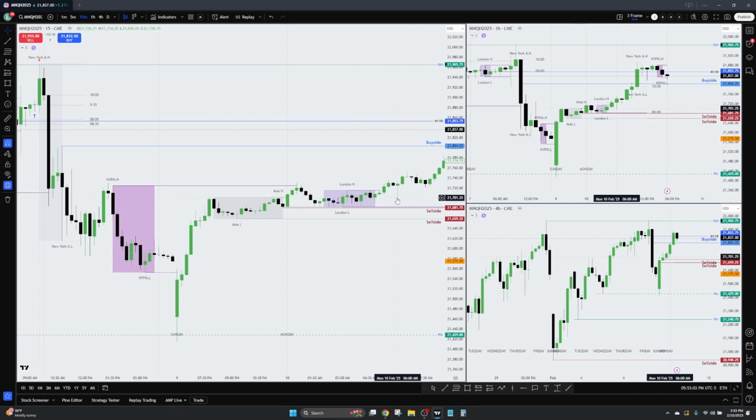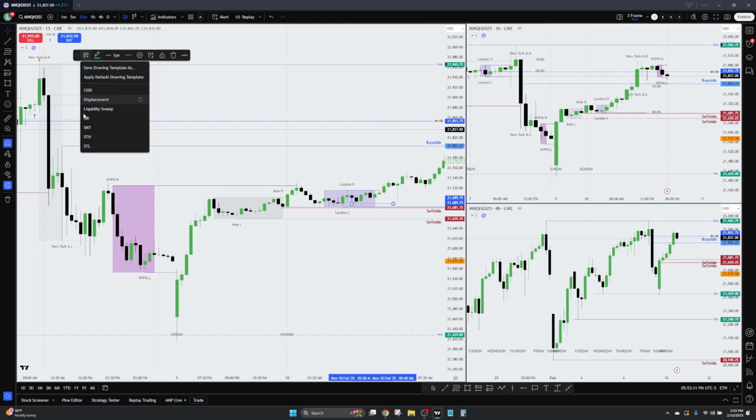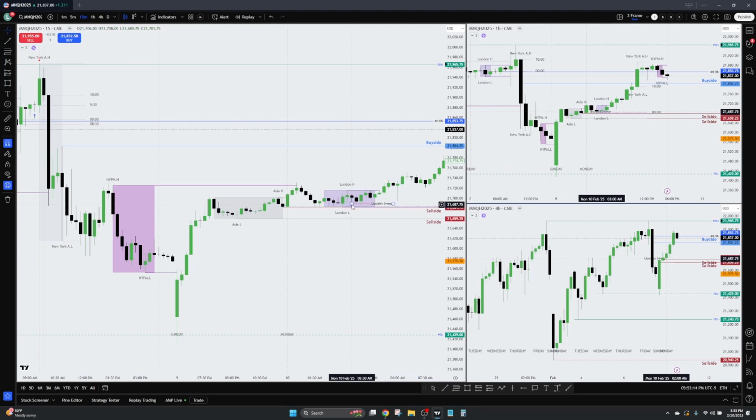There's this big wick. You've also taken this liquidity here, right? Because that's a swing low. We have a higher low, a lower low, and a higher low. So it's a swing point. Liquidity is swept down here.